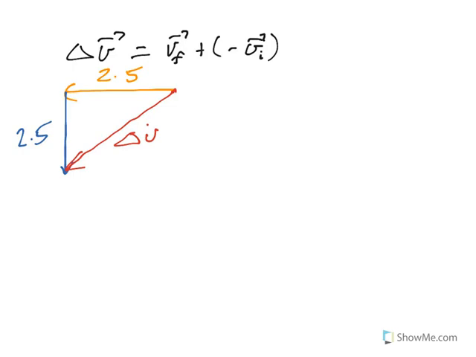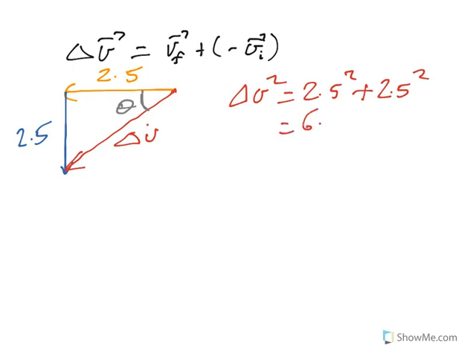We also need to know an angle in here. Our old friend Pythagoras says that the change in velocity squared is 2.5 squared plus 2.5 squared. They're each 6.25, add that together and you get 12.5.